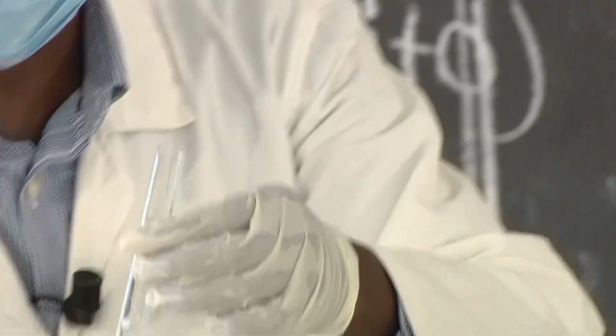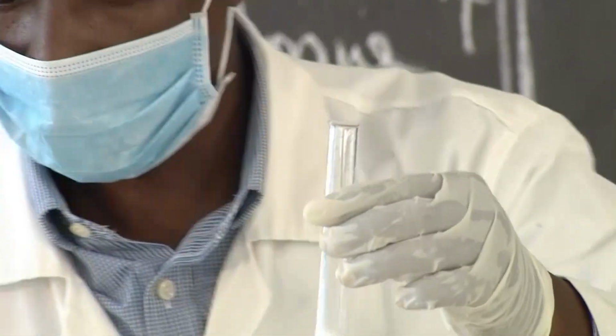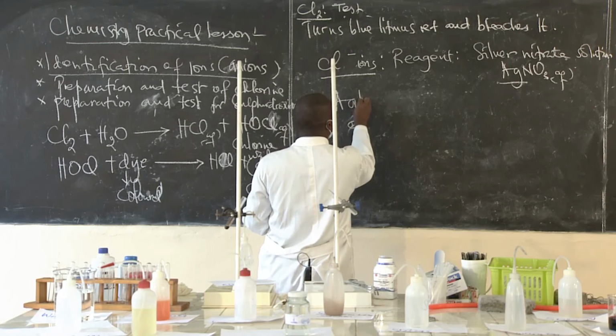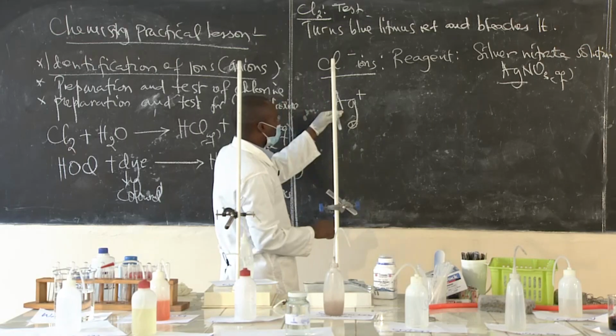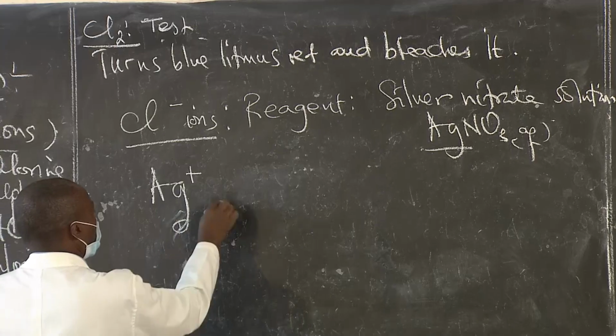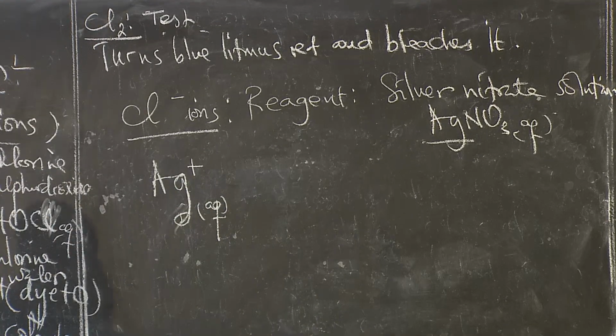Let me see what happens if I add excess. That is the excess. So what happens? The silver ions, these silver ions are coming from the silver nitrate solution. That's why we put a solution. When we say aqueous, that is a solution.